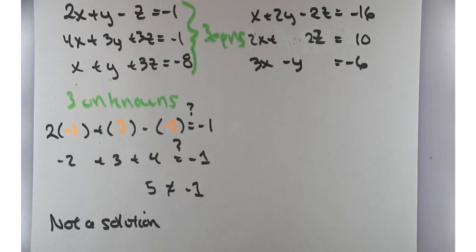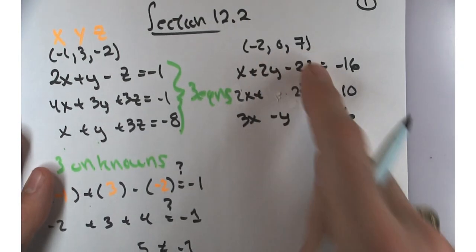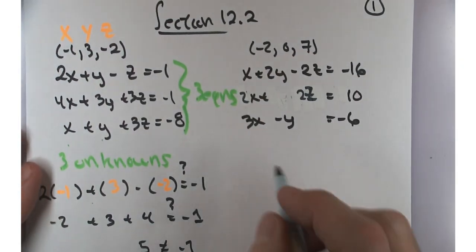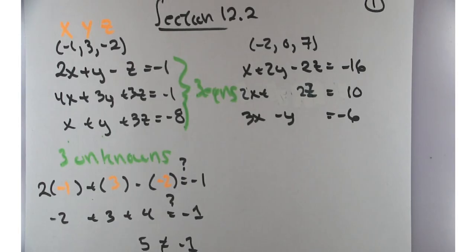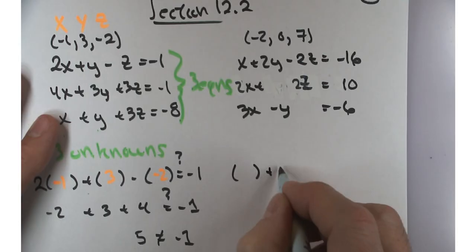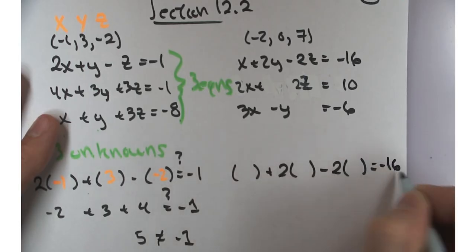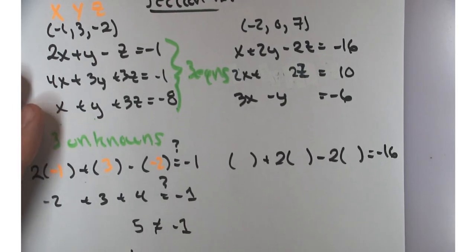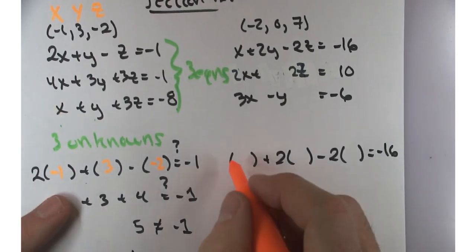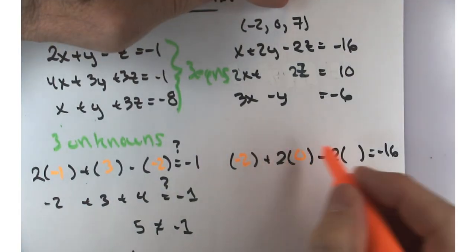Right now, let's take a look at the next one and see if this is a solution, -2, 0, 7. So we'll plug that one in. Again, I like plugging these things in with parentheses. -2, 0, and 7.